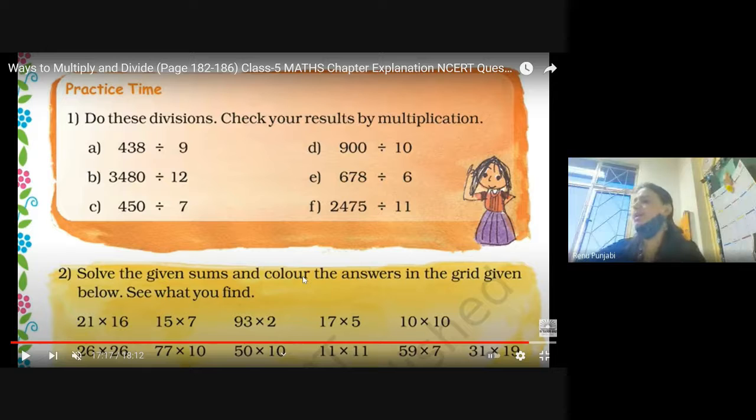Please get it checked now by me. Bring your notebooks. 225. E1 answer is 113. C is 64 and the remainder is 2.